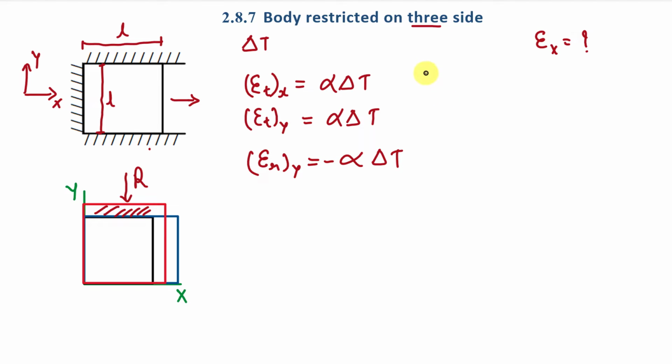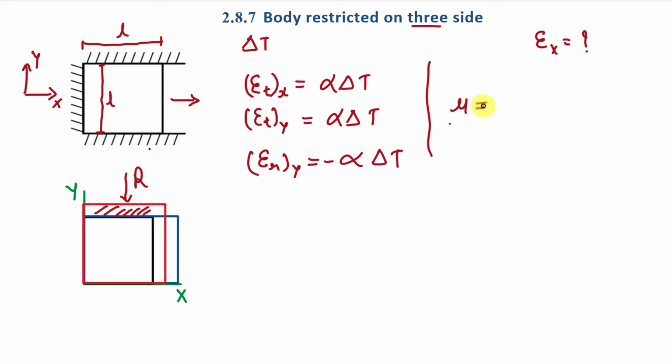Now we know that equation of Poisson's ratio mu is lateral strain divided by linear strain. Here lateral strain will be in this direction and linear strain will be in this direction. This direction is taken as linear direction because we apply reaction in this direction.